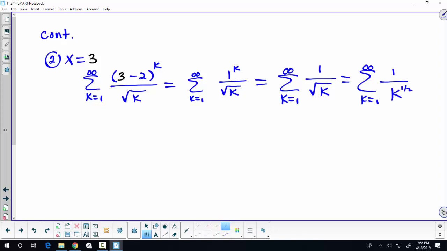So that's the series 1 over k to the 1/2. That's a divergent p series, because p is less than 1.